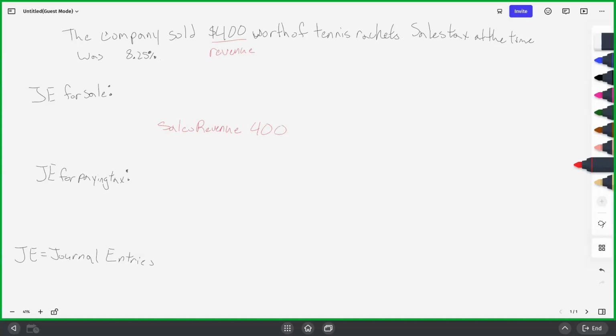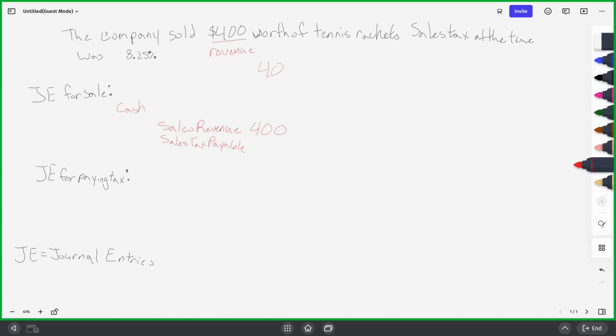All right. What are our other components for this? Awesome. Let's focus on the sales tax payable. How do we get our sales tax payable? 400 times the tax percentage.